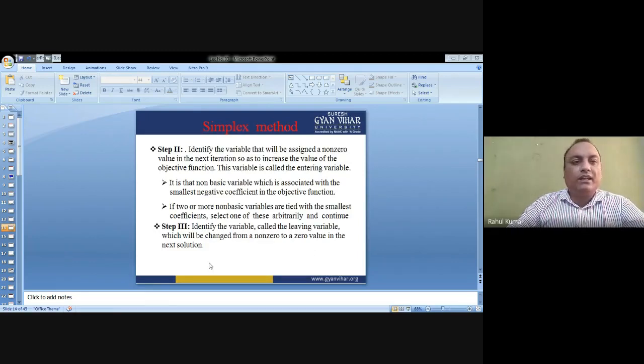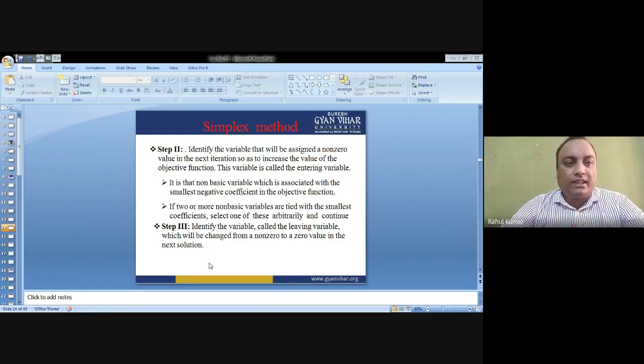Step number 2, identify the variables that will be assigned a non-zero value in the next iteration so as to increase the value of the objective function. This variable is called the entering variable.